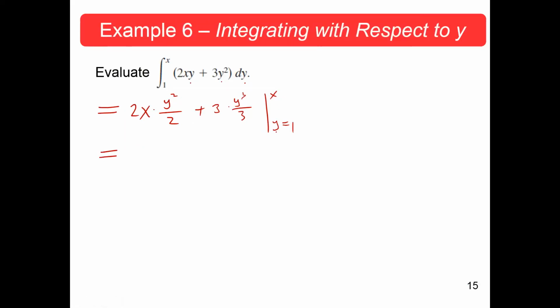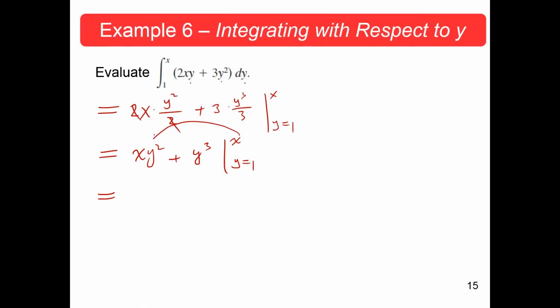But you just treat this x as a constant, and do the regular way as we do. So the 2 and the 2 would be reduced. I get xy squared plus y cubed, with y going from 1 to x. Now, the only thing different here is instead of plugging in a constant for y, this time we plug x in for y.